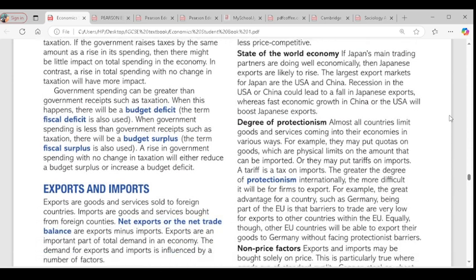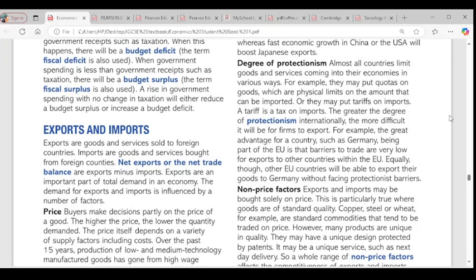The fifth one, degree of protectionism. Most countries limit goods and services coming into their economies in various ways, and these ways are called trade restrictions. You can't just allow all countries to bring into your country. So what happens to your own domestic producers? You get the point there? So ways in which government can do this are through quotas or tariffs.